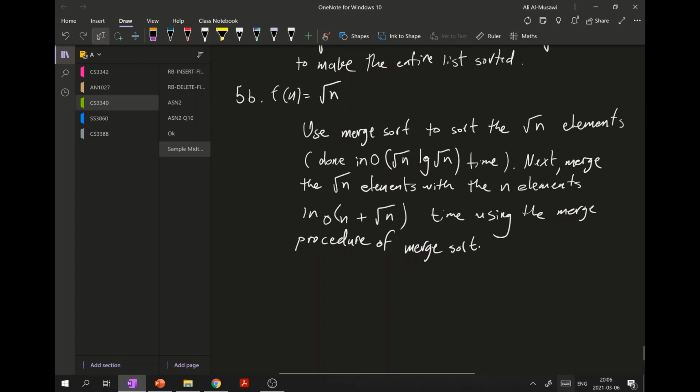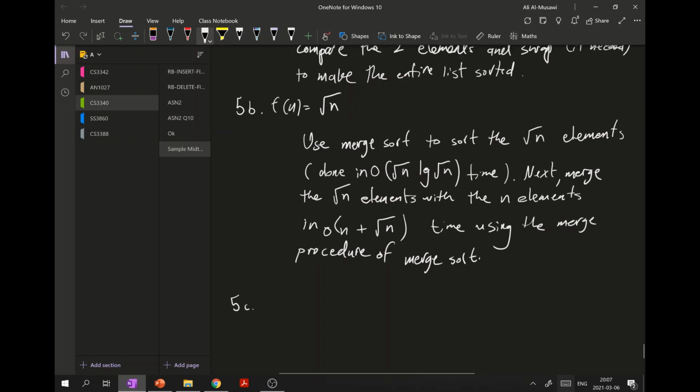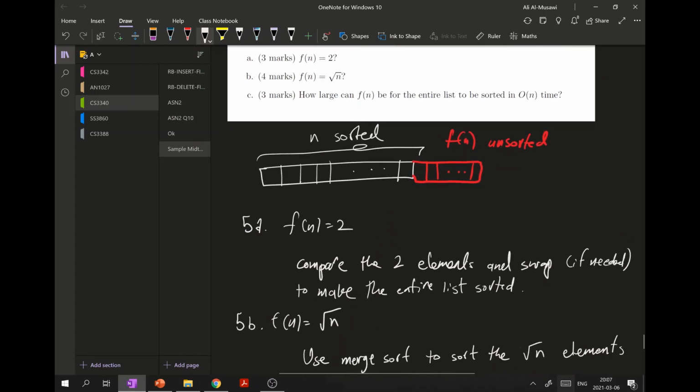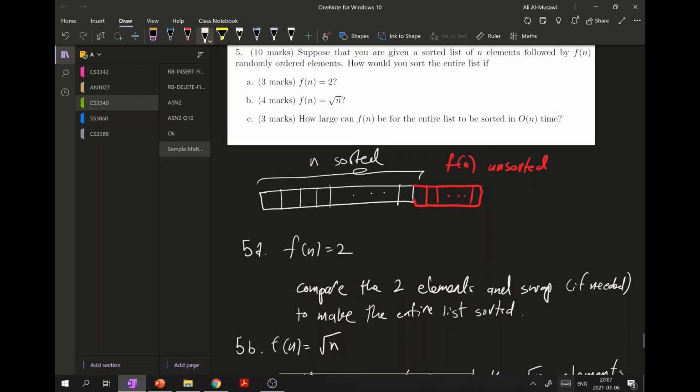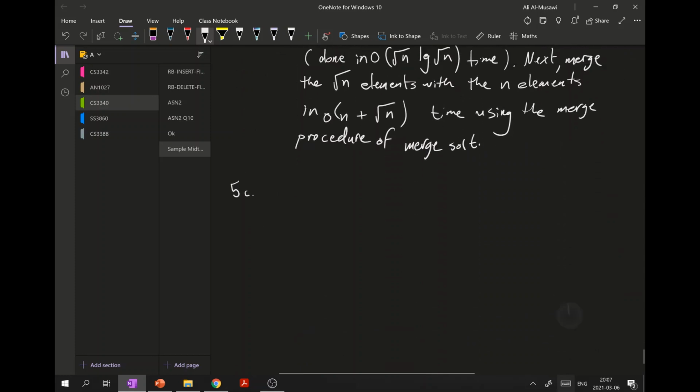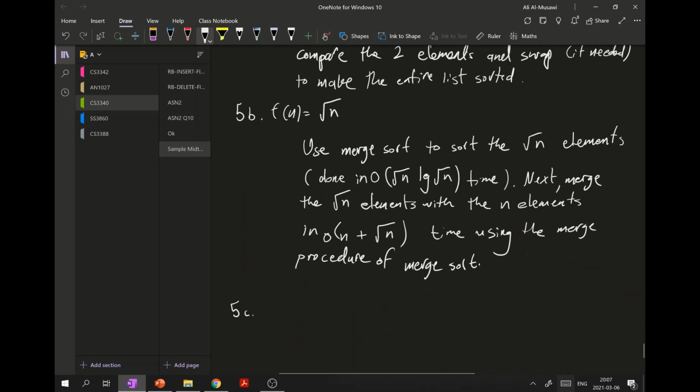Now for 5c, how large can f of n be for the entire list to be sorted in big O(n) time? If you do some math, you'll notice that for root n, we could do this work in linear time.